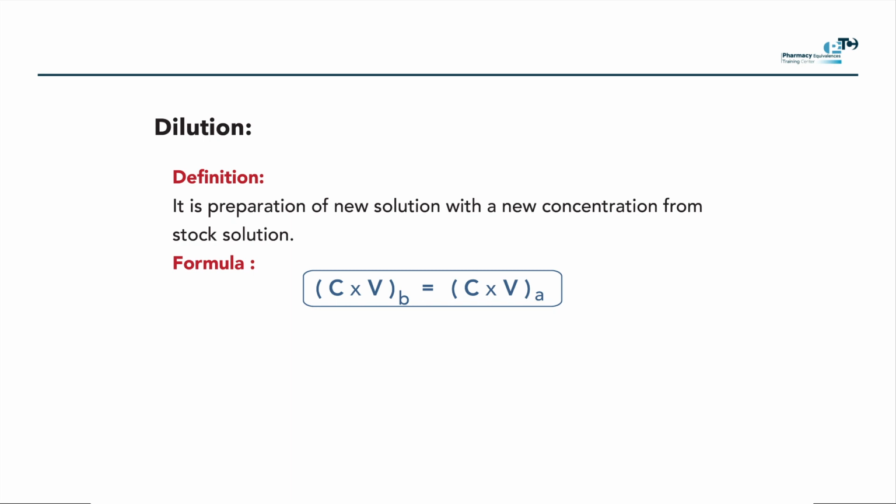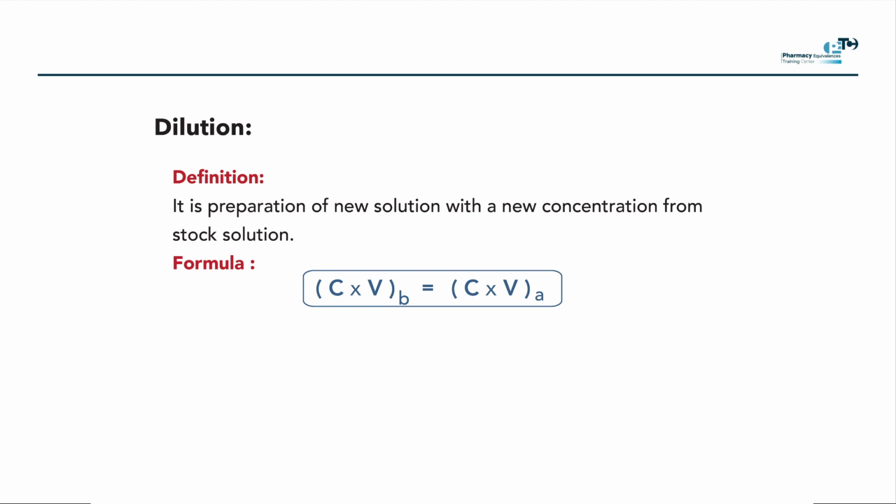Dilution here is the formation of a new concentration of the solution from another stock solution. The stock solution has a higher concentration and the new solution will have a lower concentration. So we add a diluent to dilute the stock solution.